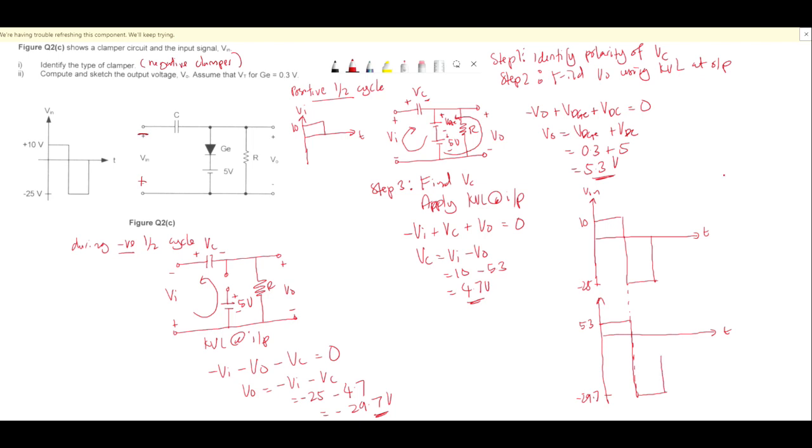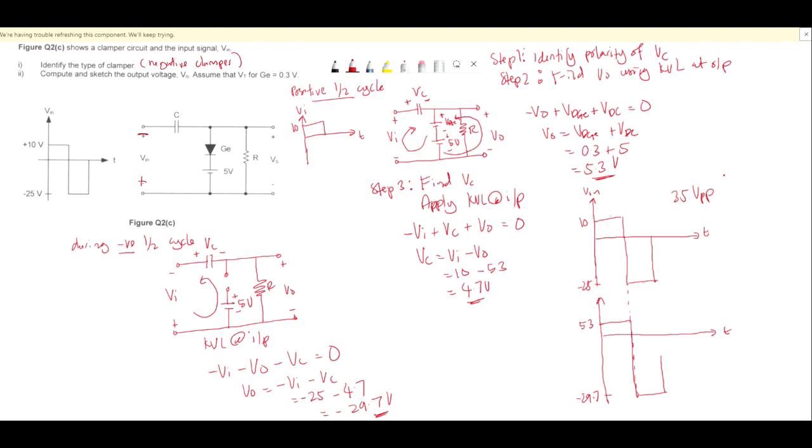So like this. If you calculate the peak to peak voltage from this peak to this peak, it is about 35 volt peak to peak.